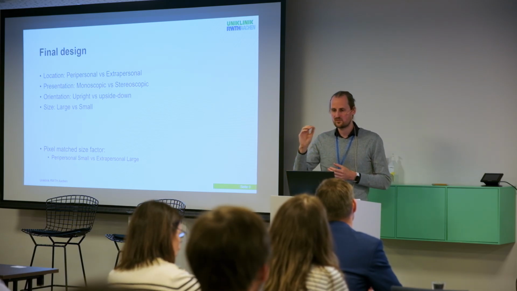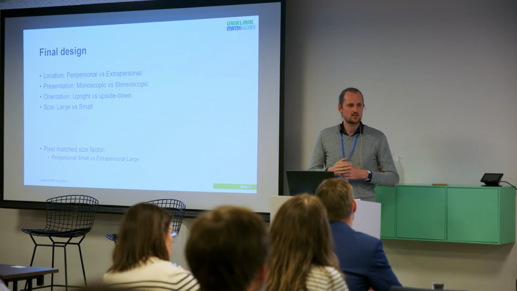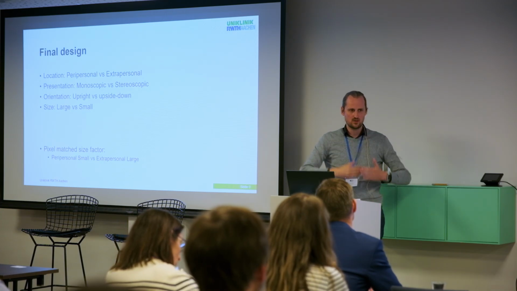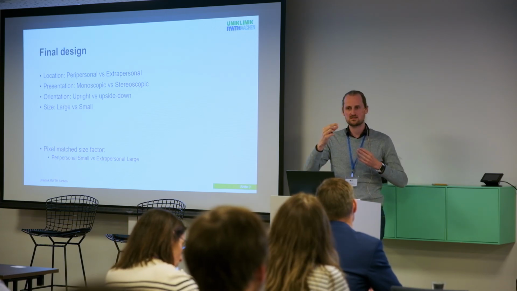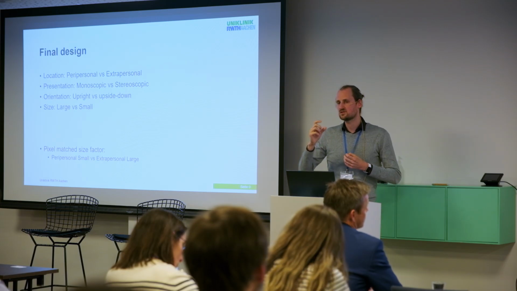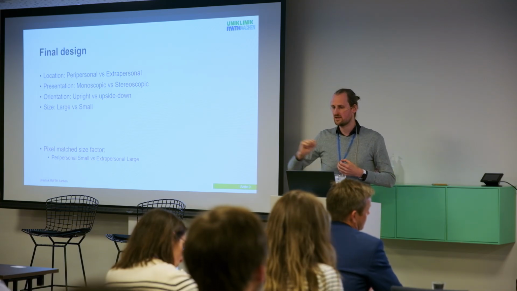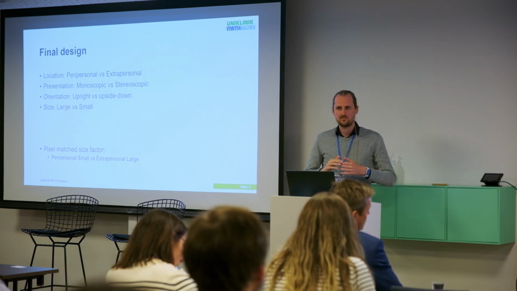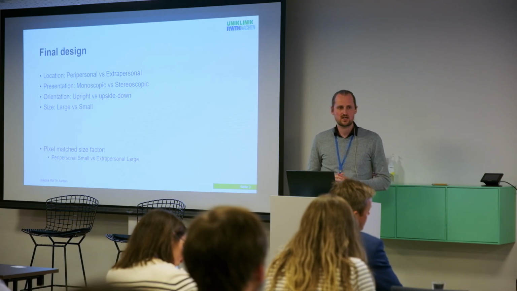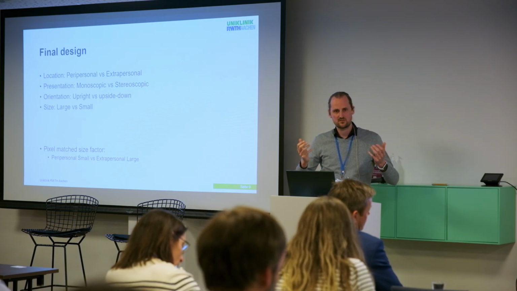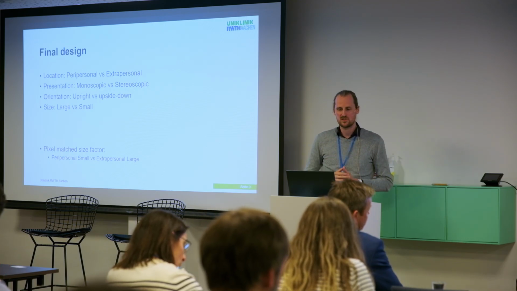So we perfectly matched our stimuli so that the large stimulus located in our peripersonal space was pixel size identical to the extrapersonal, the far away stimulus. We also counterbalanced this by having a very large cup nearby, which looks a bit funny, but we just wanted to complete our paradigm.